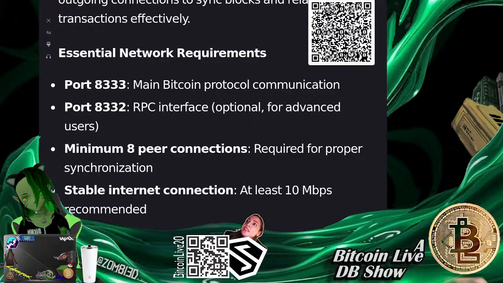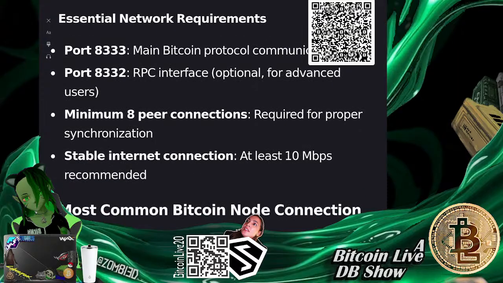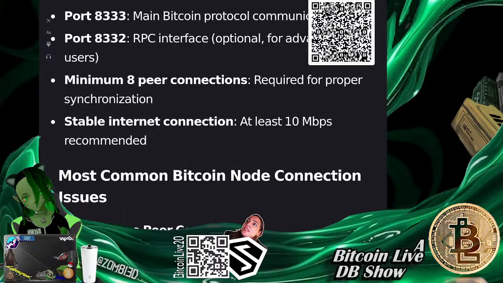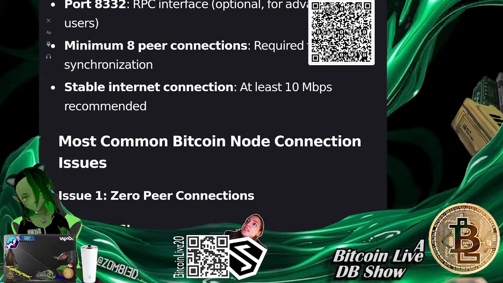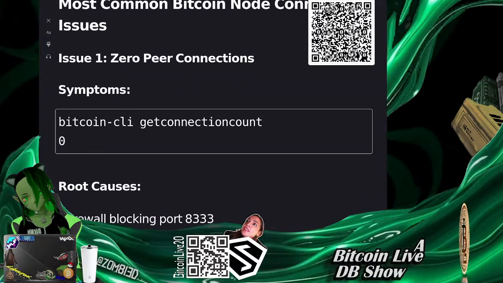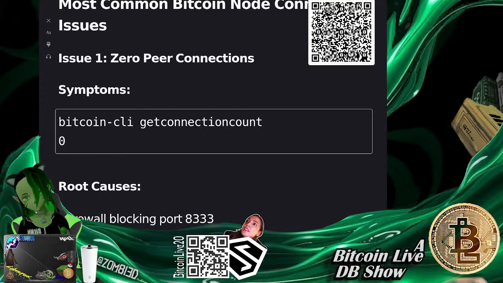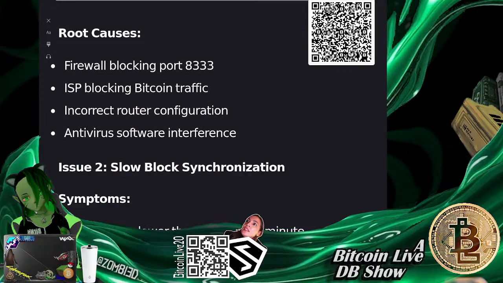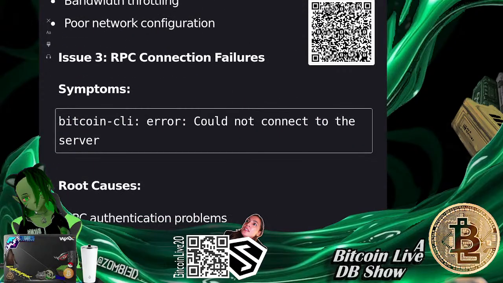So you can see there's some information here like the RPC information. How many minimum connections do you need? What's the minimum stable internet connection you need? And you see 10 megabits per second is not very fast. Then they're going to give you the actual steps, helping you through this one step at a time.